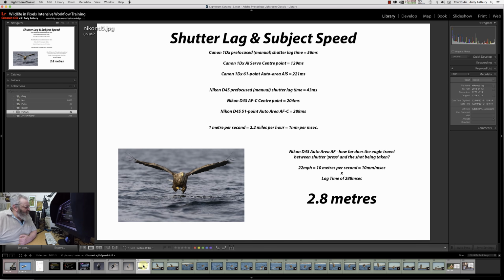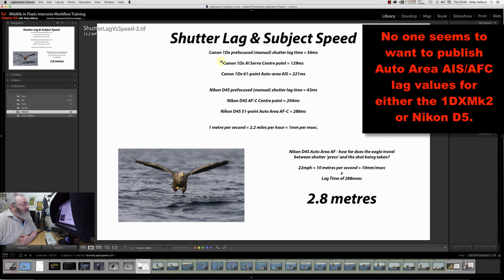Oh yeah, before I get on to the AF point tracking, AF point switching, I just want to mention this about shutter lag. Now, I can't find anywhere published a lot of shutter lag information for either a Nikon D5 or a Canon 1DX Mark II.